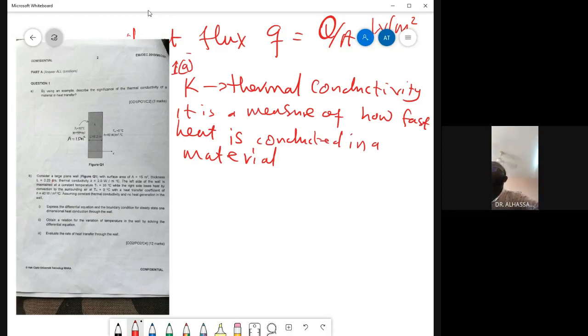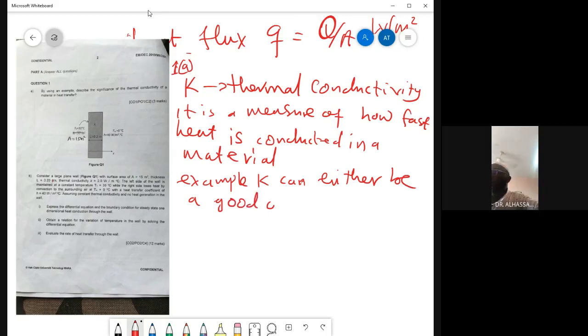Okay, so thermal conductivity of a material in heat transfer. Yes, so we can say that for example, K can either be a good or poor conductor of heat.